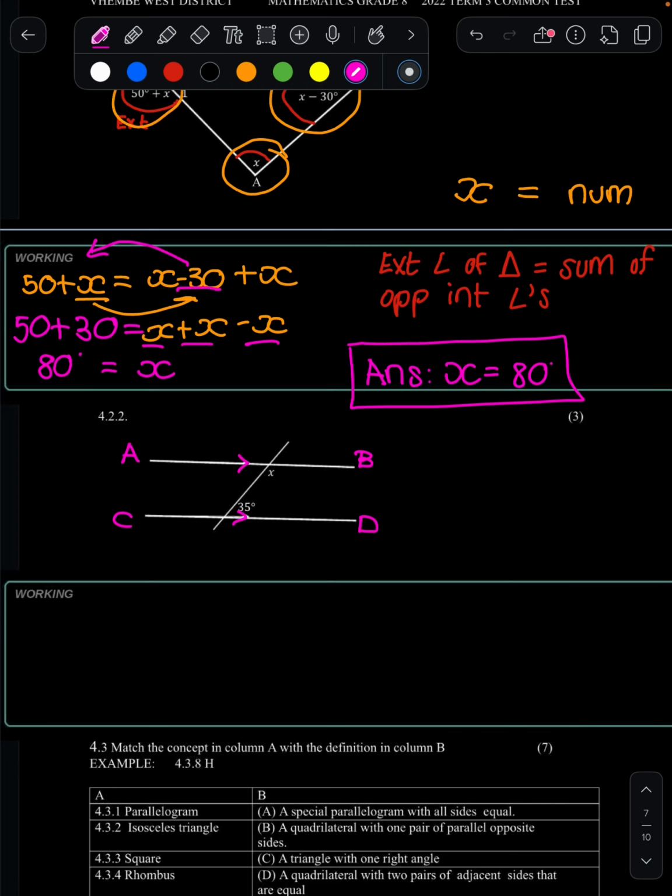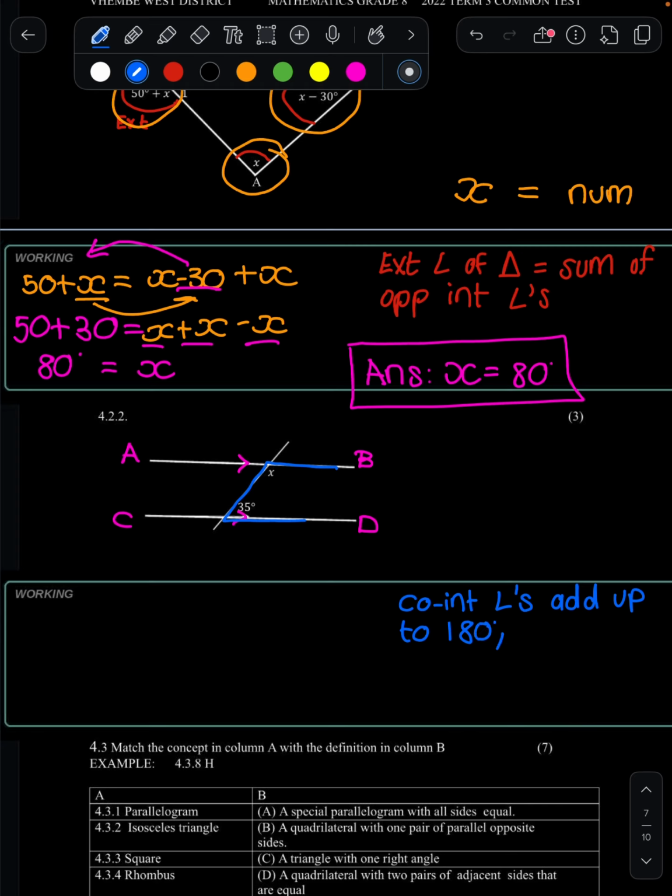So a few things we can do here. What I'm going to use is what's called co-interior angles. So that's that U shape. Okay, so that is going to be my reason. So I'm just going to say co-interior angles. Co-interior angles add up to 180 degrees.